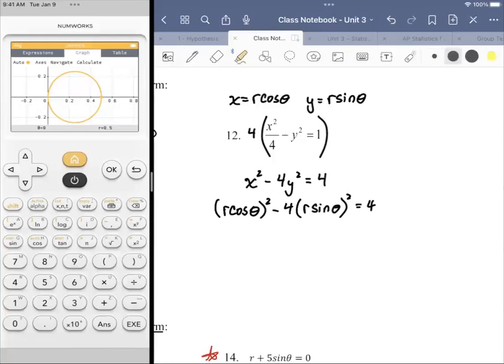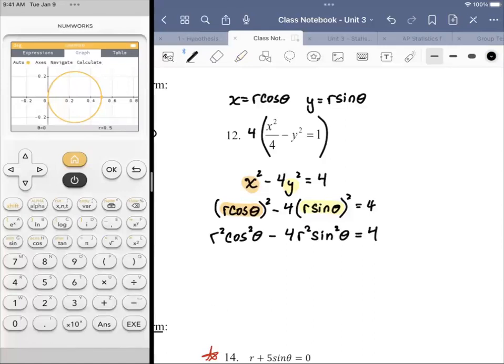I'm replacing x with R cosine theta and y, just the y, with R sine theta. That x squared becomes R squared cosine squared theta minus 4 R squared sine squared theta is equal to 4.